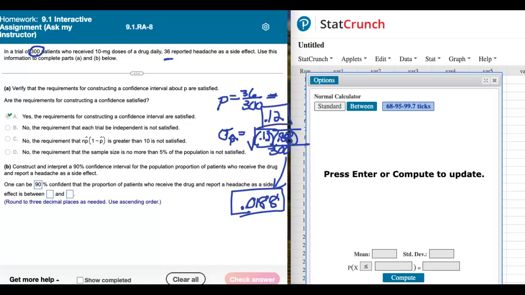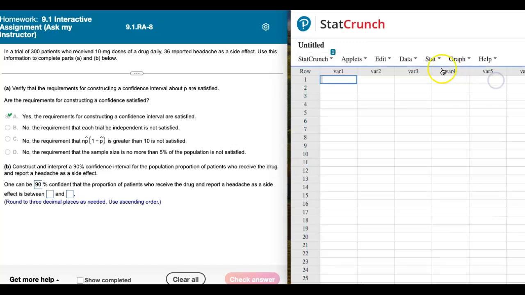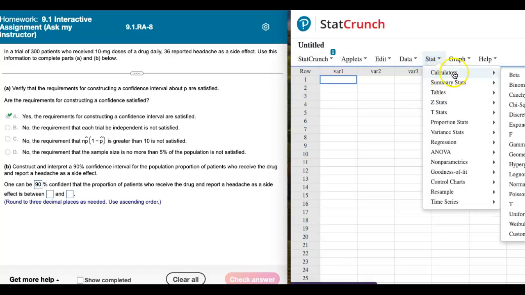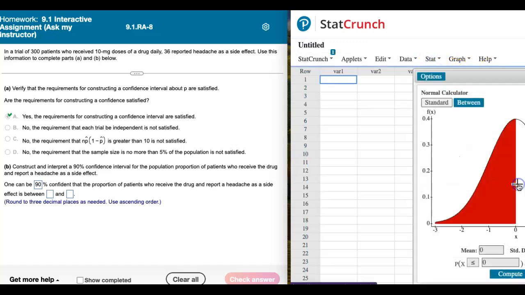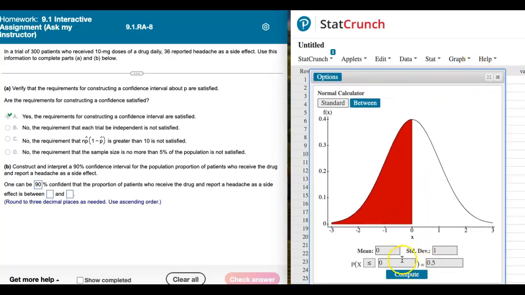And so I'm going to go to StatCrunch, and in StatCrunch, I'm going to choose the calculator, normal. So let me clear this. And as I consider this one, our mean we just found out was 0.12.